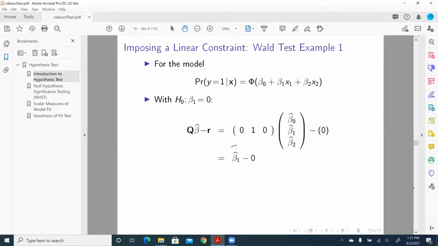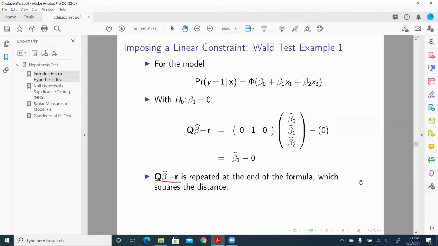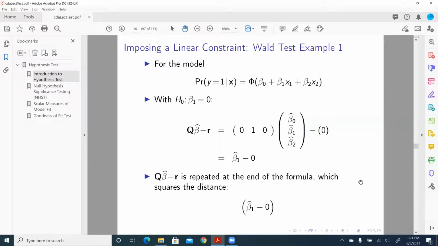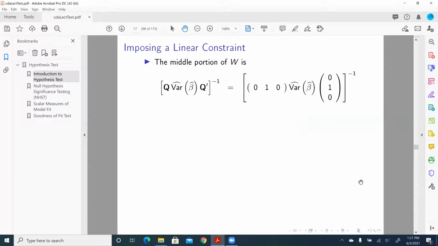So they're equivalent, right? Qβ̂ − R is repeated at the end of the formula, which squares the distance. And the middle portion is like that, right? So this is Q, this is Q′.